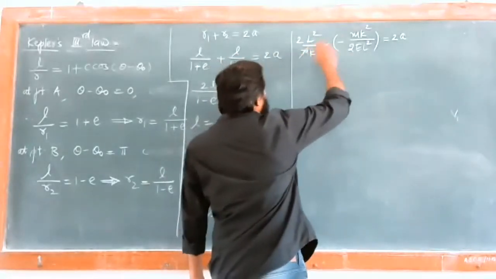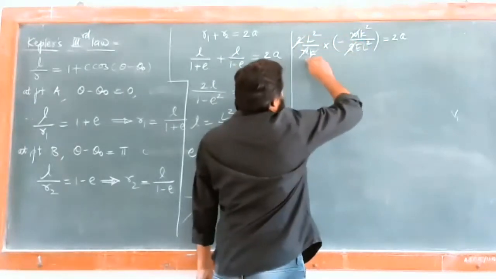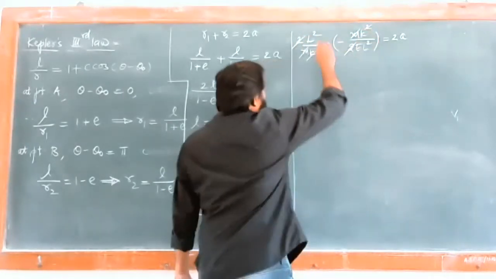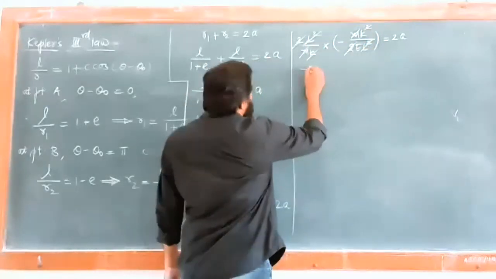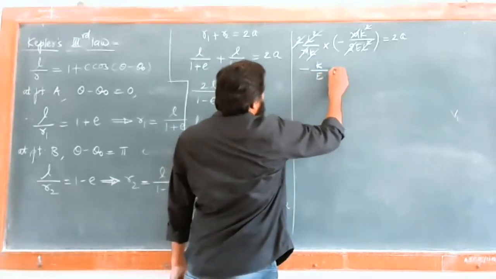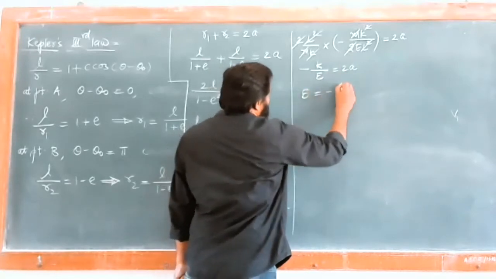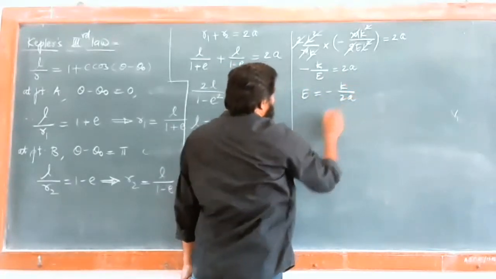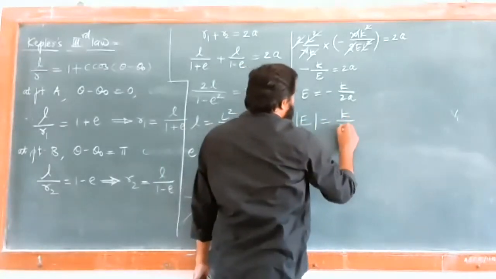So this m will cancel with this m, this 2 will cancel, this k will cancel with k square, and this l square will cancel with this l square. What remains? Minus k upon E is equal to twice A, or I can say the energy is equal to minus k upon twice a, or I can say modulus of energy is k upon twice a.